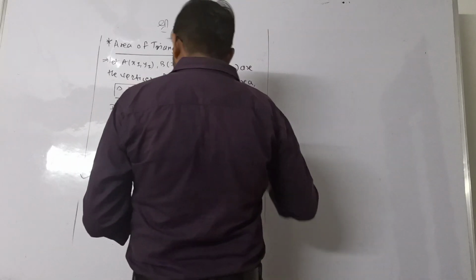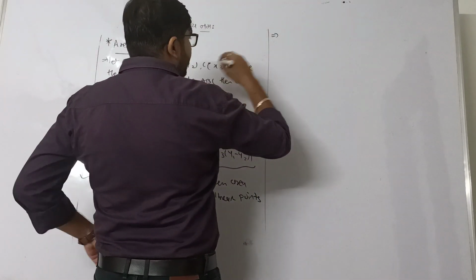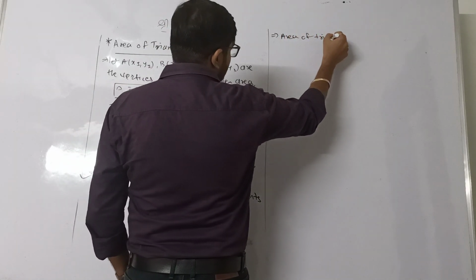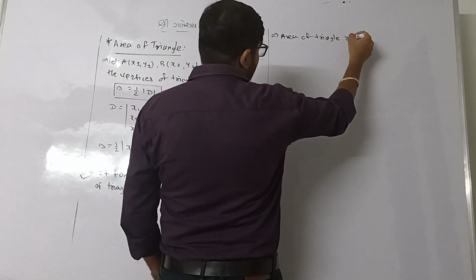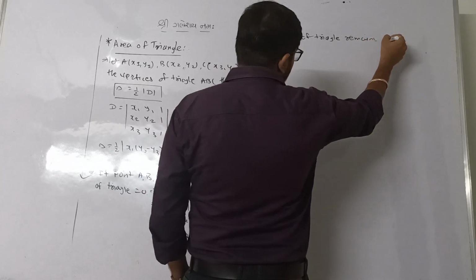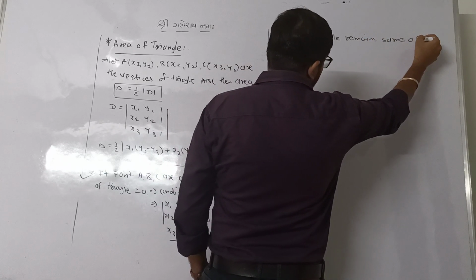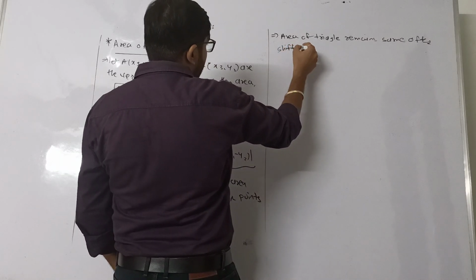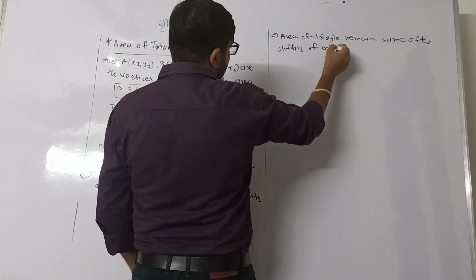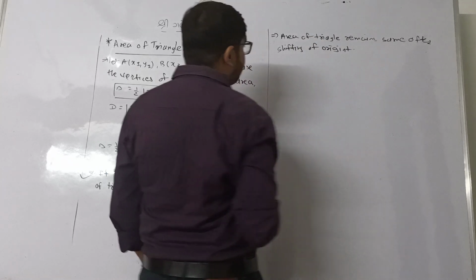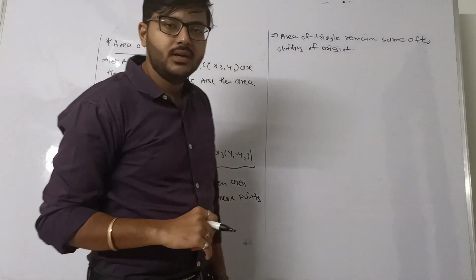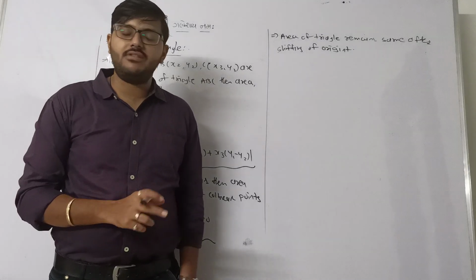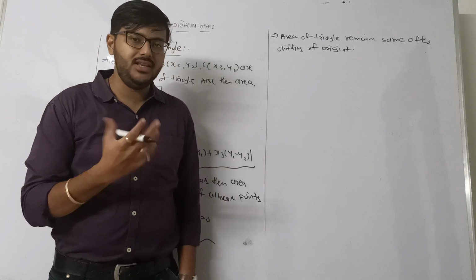And the second very important point, that area of triangle remains same after shifting of origin. Okay, after shifting of origin, area of triangle will never become different, it will remain same.